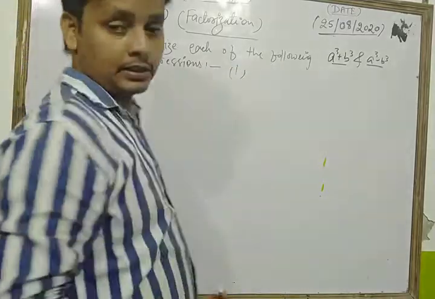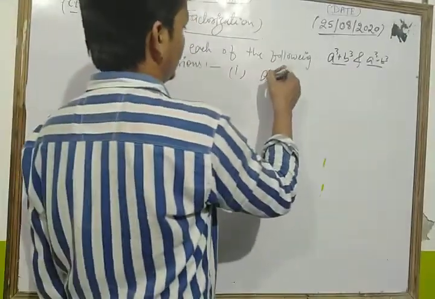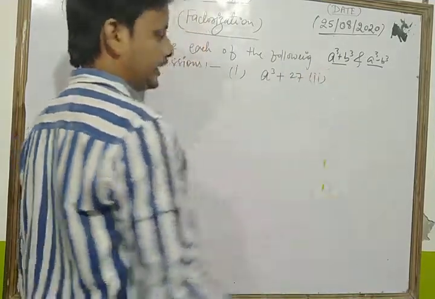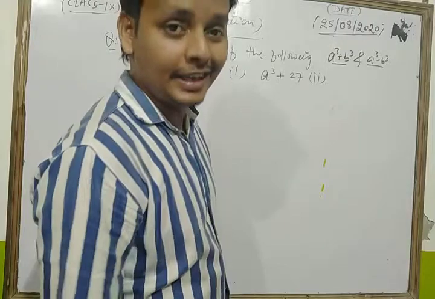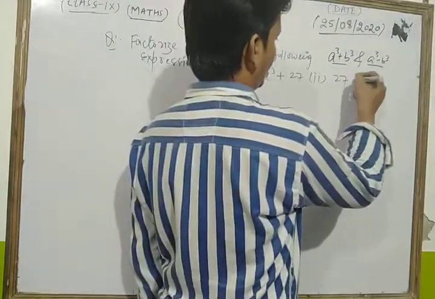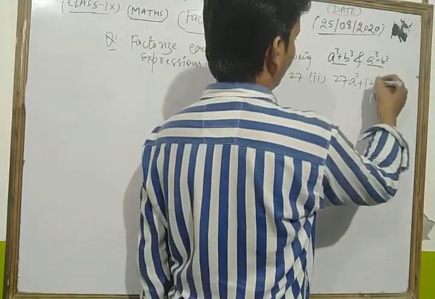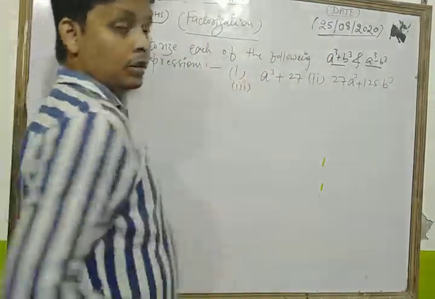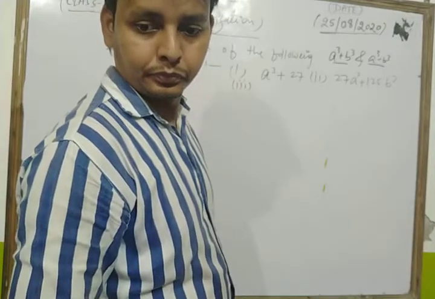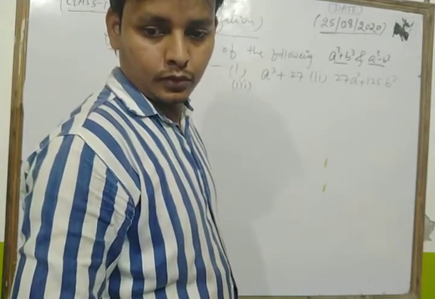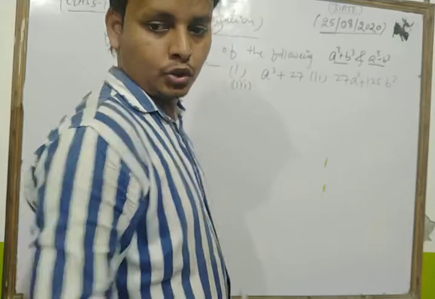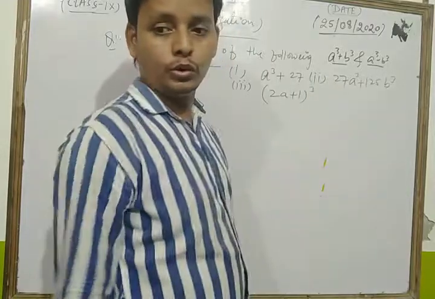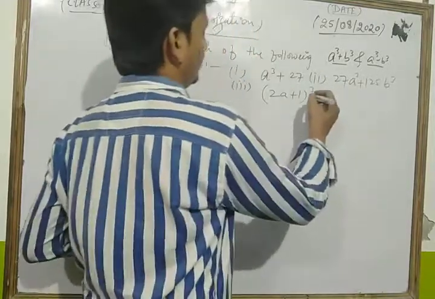Your expressions are: the first one is a cube plus 27, the second one is 27 a cube plus 125 b cube, and the third one is (2a plus 1) whole cube plus (a minus 1) whole cube.